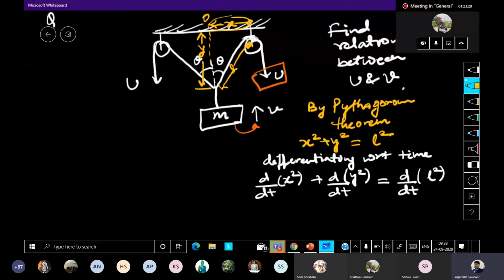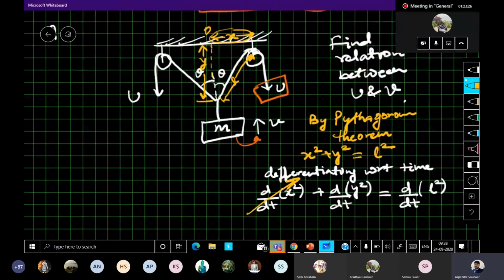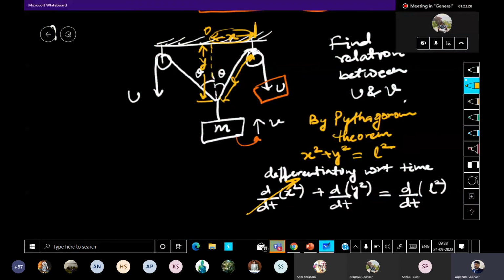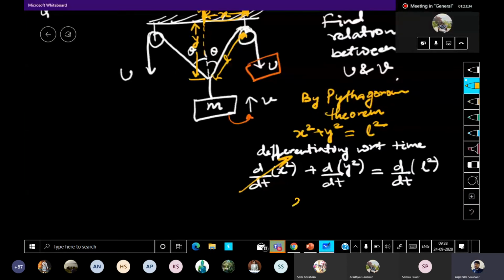As x remains constant, its differentiation will be 0. Why? Because the distance of point O from this end is constant. Now differentiation of y square will be 2y dy by dt is equal to differentiation of L square, which is 2L dL by dt.